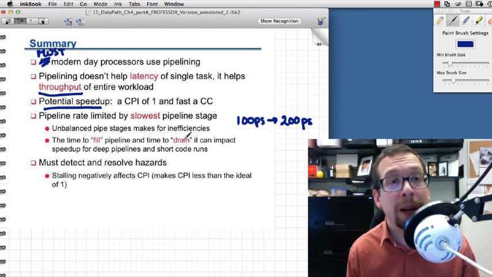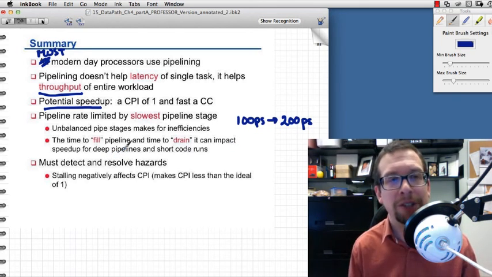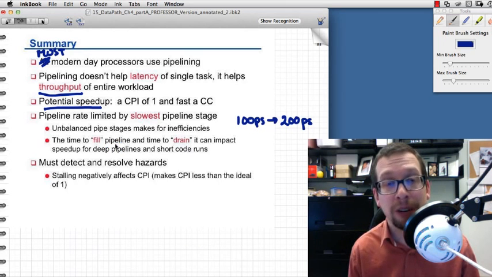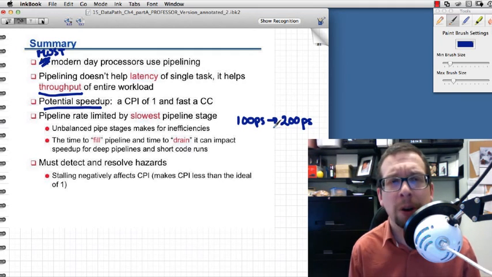The time to fill the pipeline is important, and the time to drain it as well, which is the mirror condition, can impact the speedup for deep pipelines and short code runs. If your code is really short, or if the pipeline has 20 or 25 stages, the time it takes to fill or drain a pipeline can be significant. And that's important when you're benchmarking different processors.